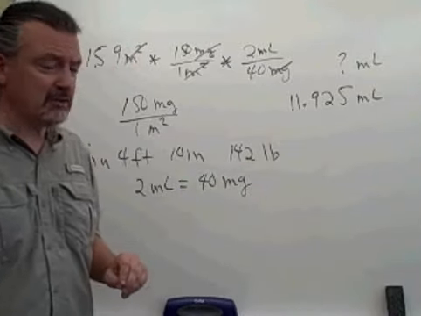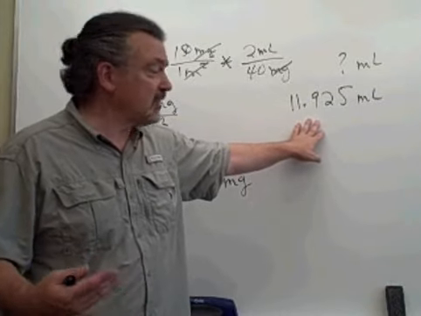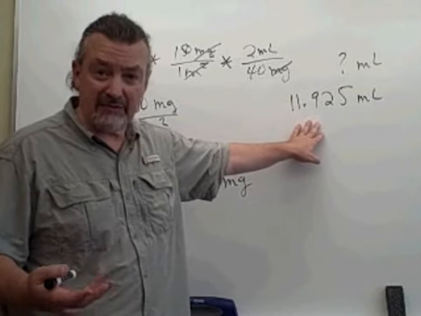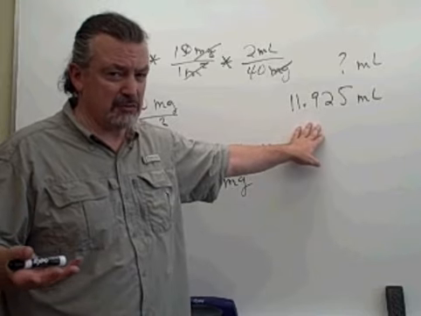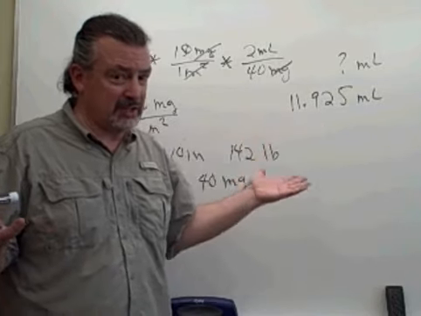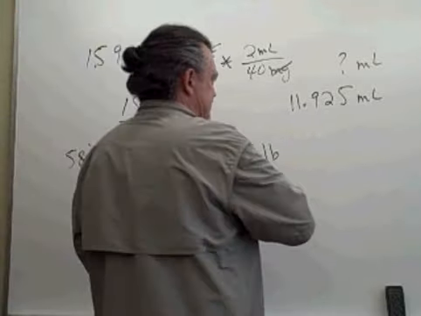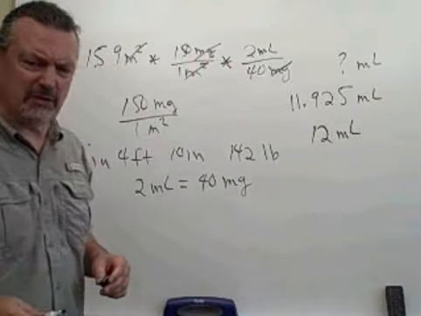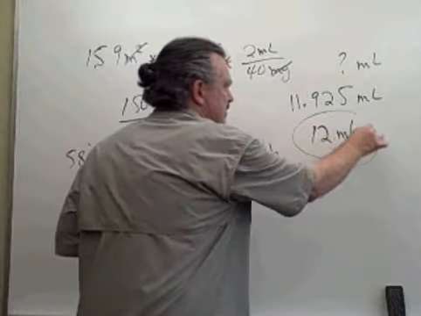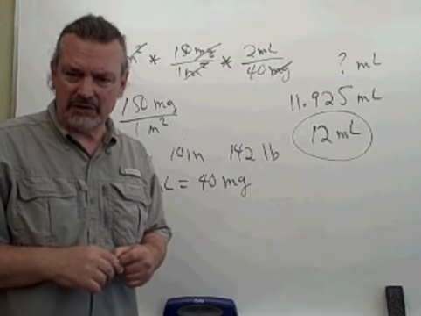But with milliliters, depending upon the device we're using, we can measure possibly to 11.9, but that's even questionable. If you're trying to measure to 11.9, you're probably going to get somewhere between 11 and 12. So we probably would say, and again, specifically that's a medical question, but my guess would be that you would try to measure out 12 milliliters.